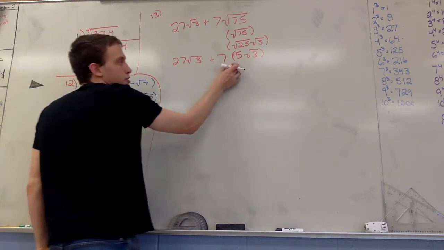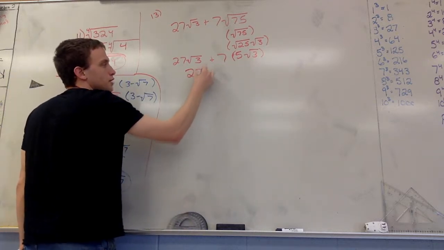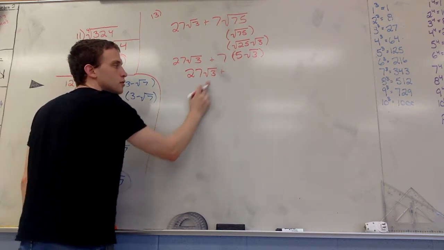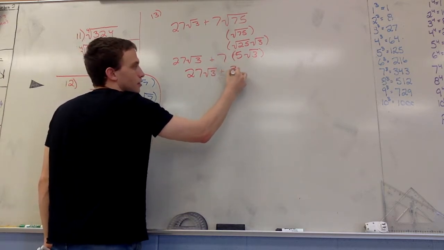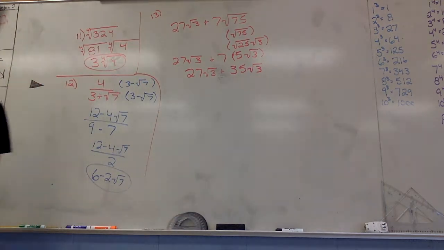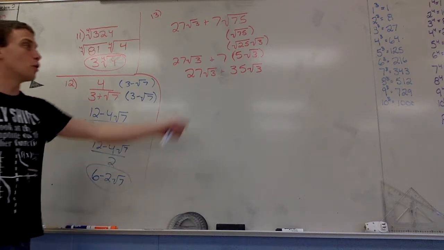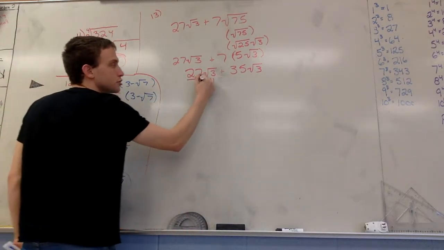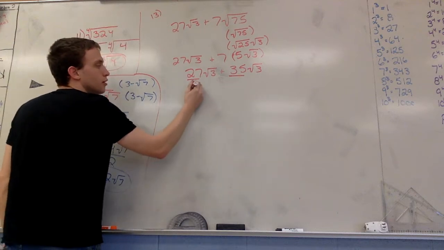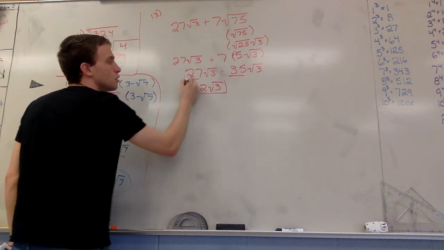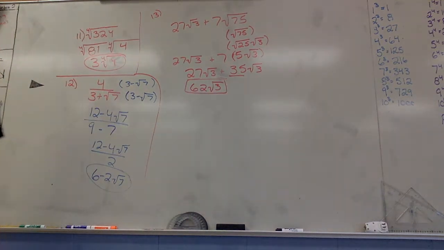So then we multiply these together. So I have 27 root 3 plus, what's 7 times 5? 35, thank you. Do these both have the same radicals now? Yeah, they're both square roots of 3. So because of that, I can add my coefficients together and get 62 root 3 is my answer.